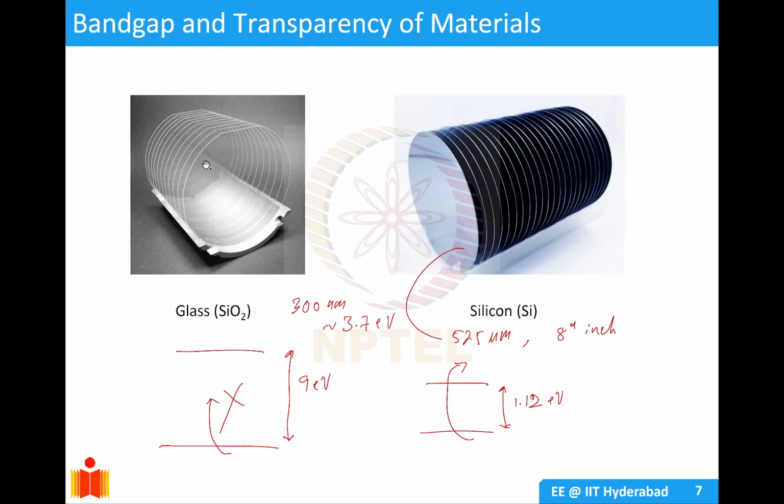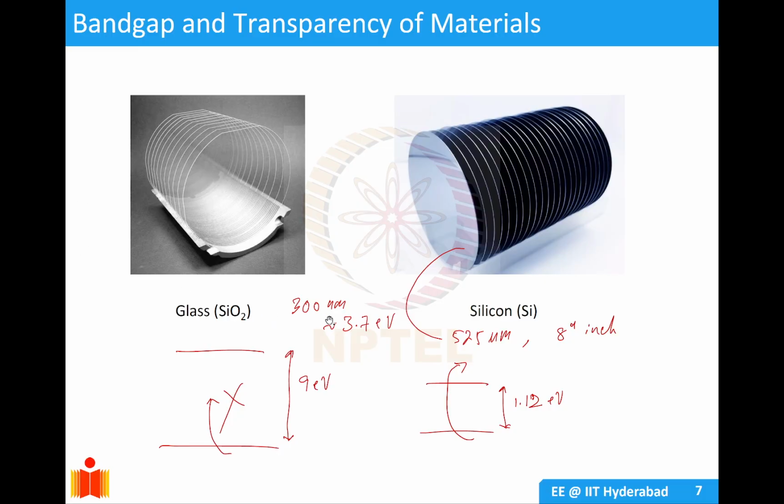This band gap is the cause of why a material is transparent or opaque. If the band gap is much larger than the visible light photon energy, for example glass, which is SiO2, the band gap is 9 eV.